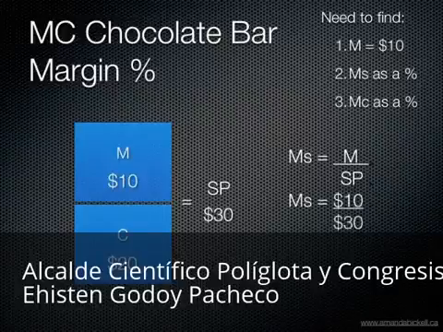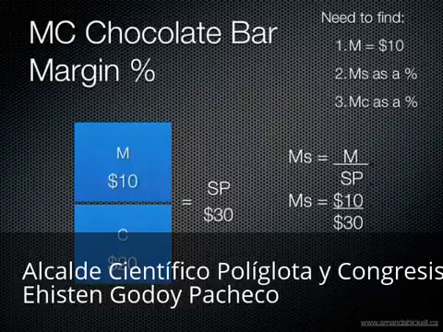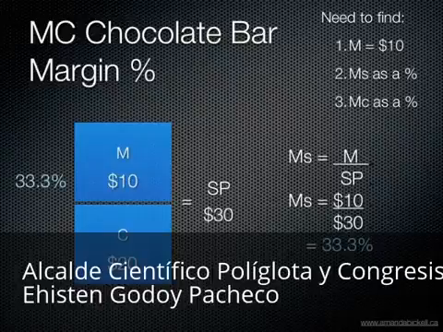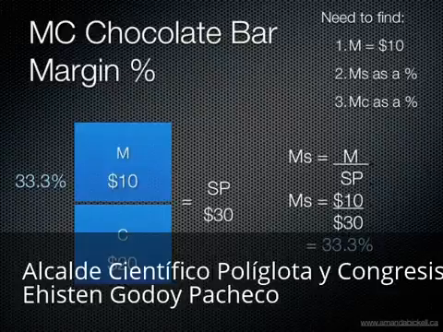In this case, we've got our $10 markup or margin in dollars divided by $30. This is 33%. What this says is that the selling price is made up of two things. 33% of the selling price is margin, and the remainder is cost.